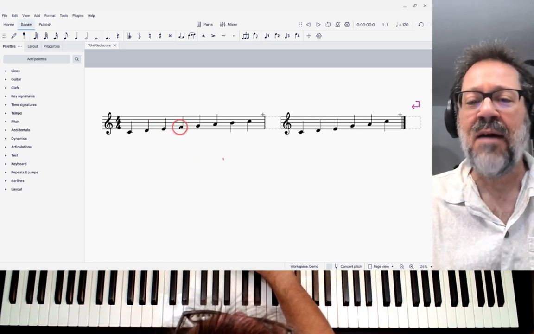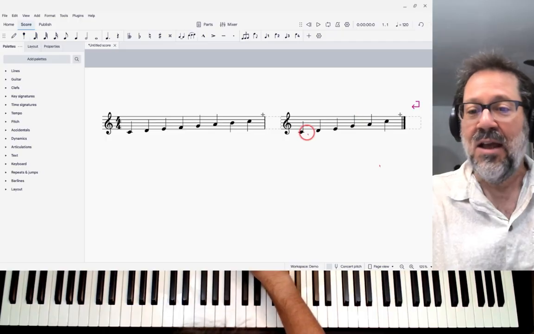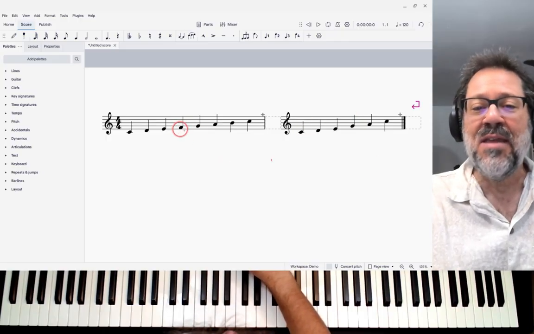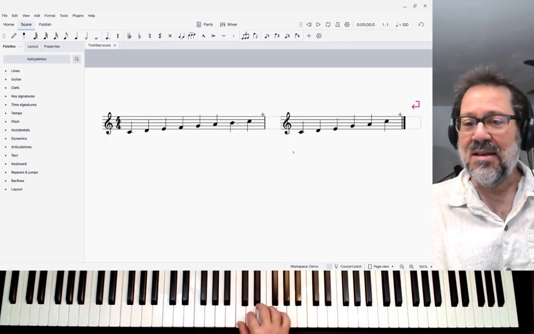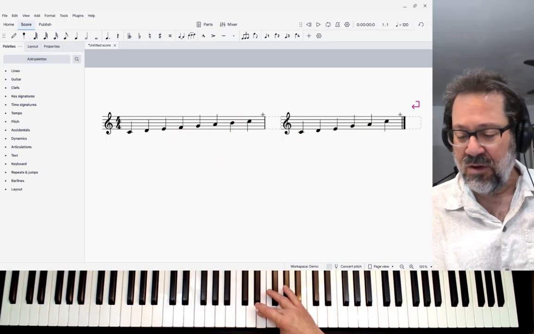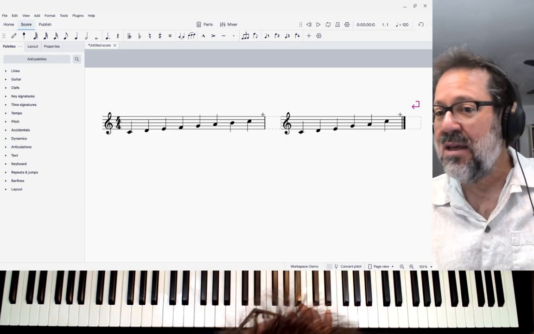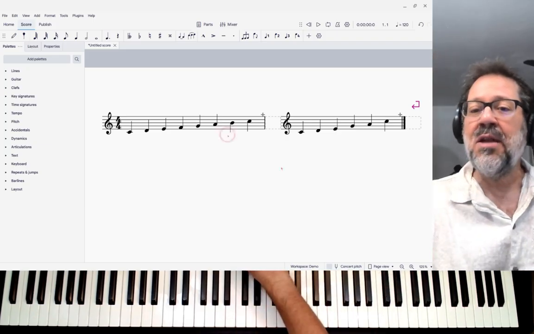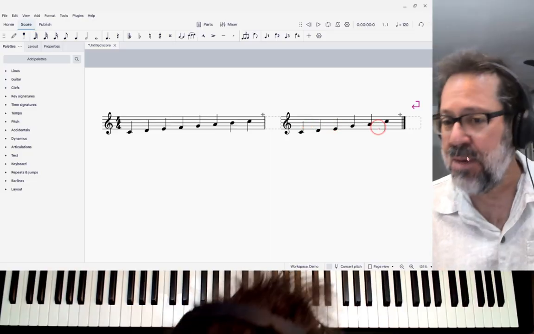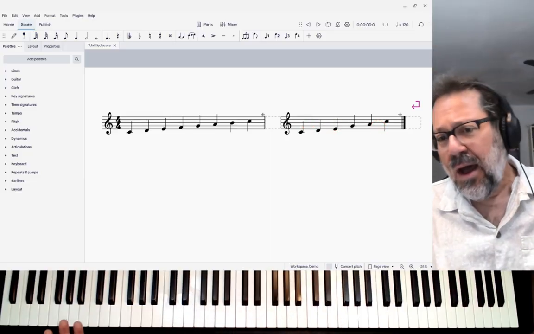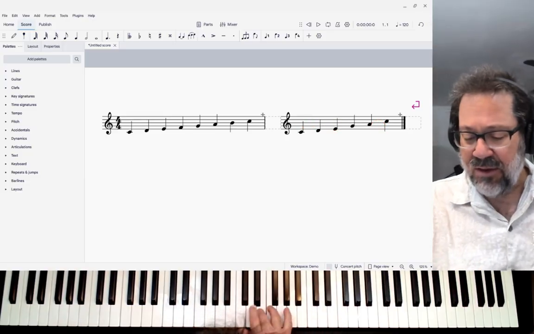It eliminates the F. So first of all, what is the pentatonic scale? Well, it's the thing that we get if we eliminate the F and the B. C, D, E, and then I skip over to G, A, and then I skip the B, skipping up to C. So I've eliminated the F and the B. Now this scale has only whole steps.